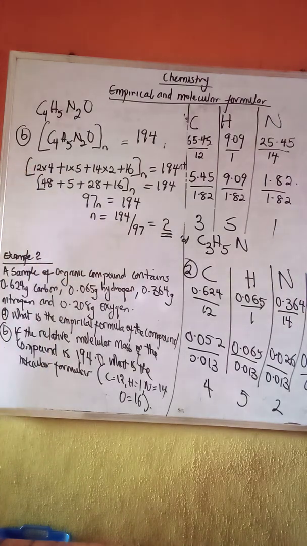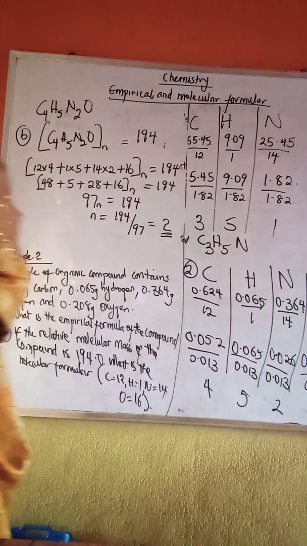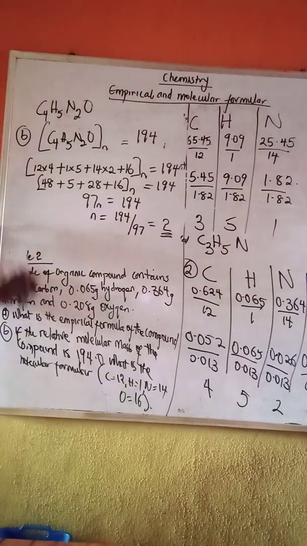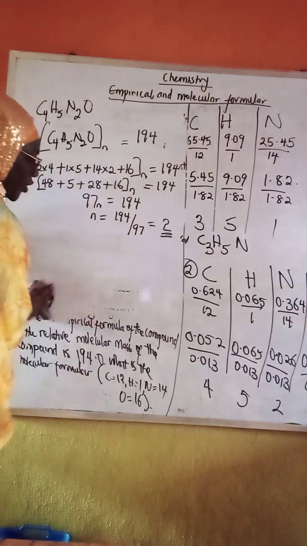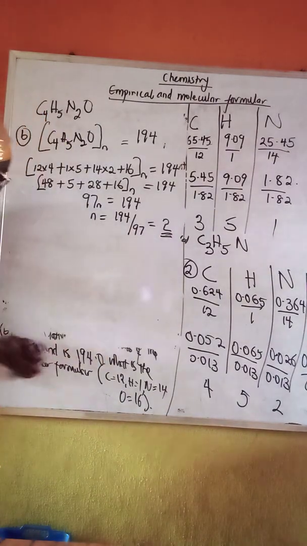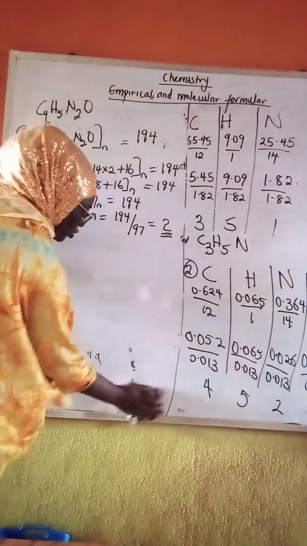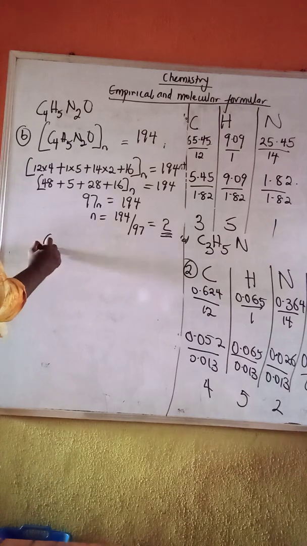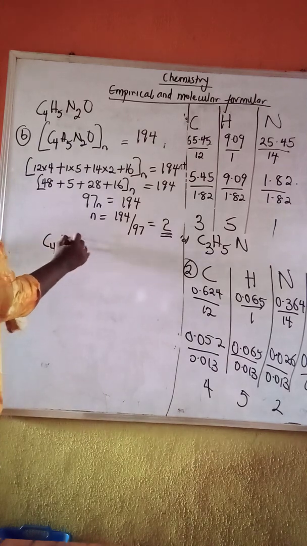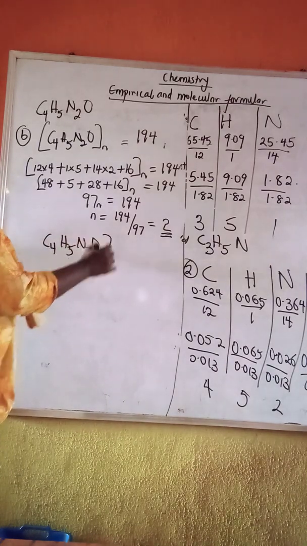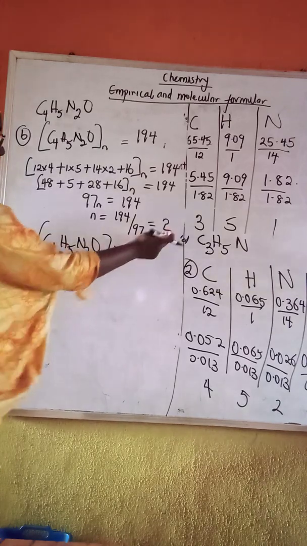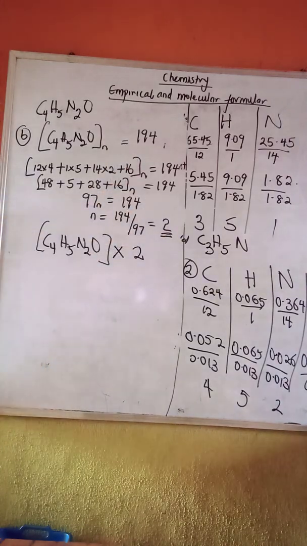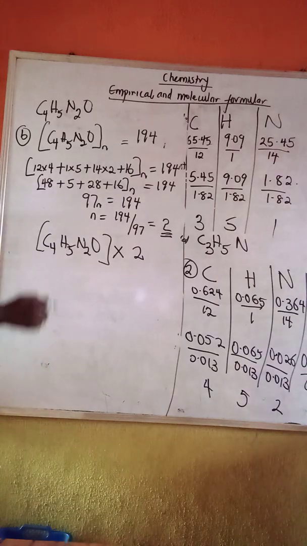So we now go back, because it is the molecular formula we are looking for. We now go back here and write out the real molecular formula, having gotten our n as 2. The real molecular formula goes thus. We have C4H5N2O, the empirical formula, times 2 to get our molecular formula.